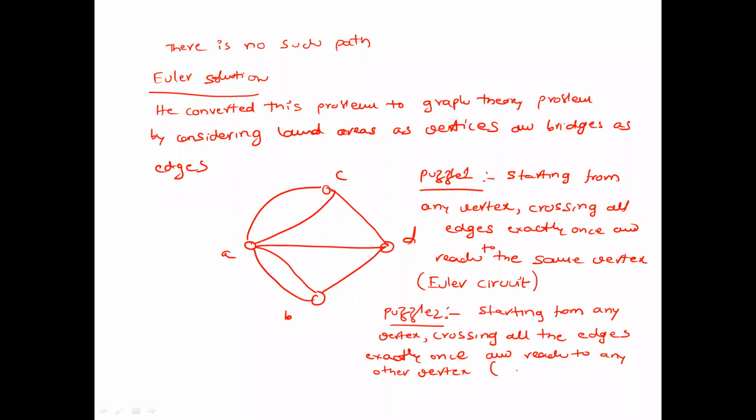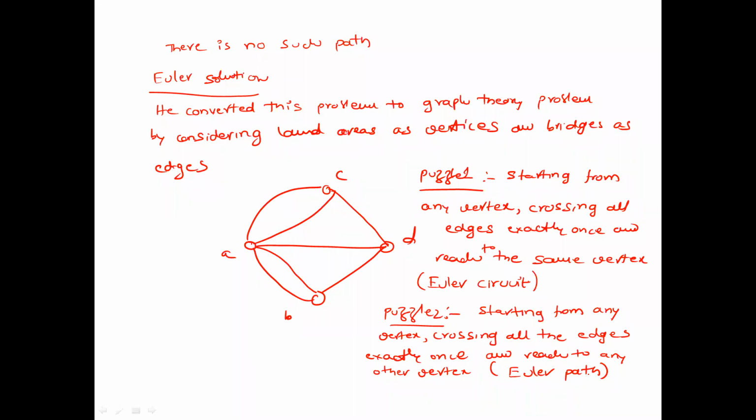Technically he has given this the name Euler path. So this puzzle 1, we are now calling the existence of Euler circuit, and puzzle 2, that complete story together, we call the existence of Euler path.